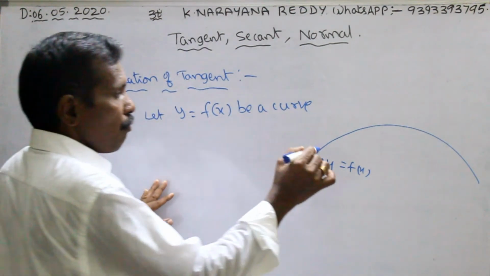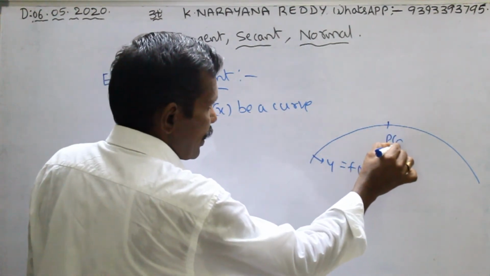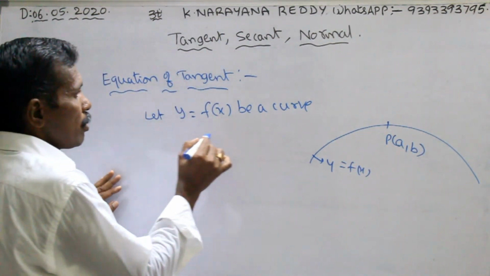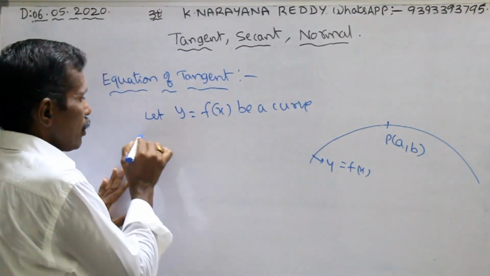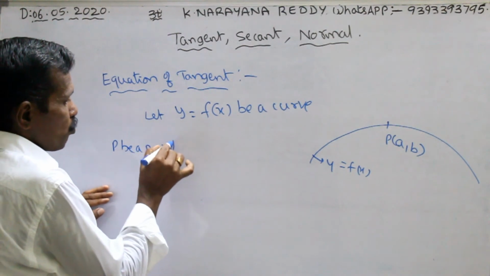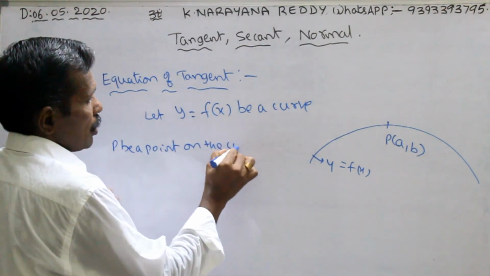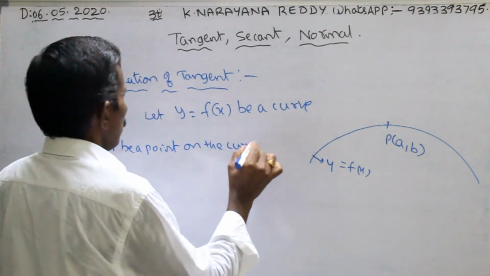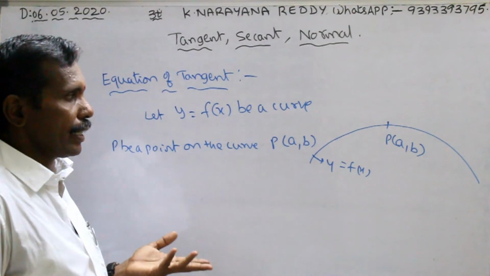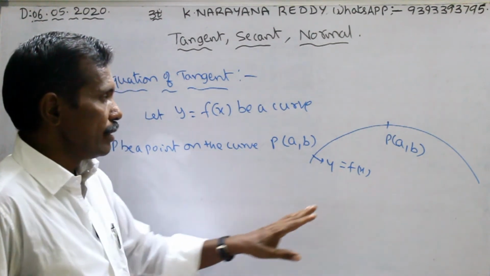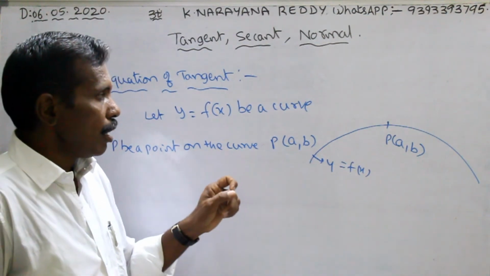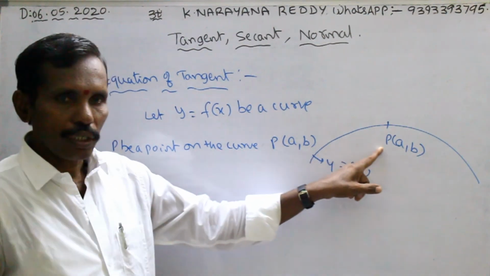Now, let P be a point on the curve, which contains coordinates a, b. What are P's coordinates? (a, b), whatever it is. Okay, y equals f of x is the curve equation, and P(a, b) is a point on the curve.